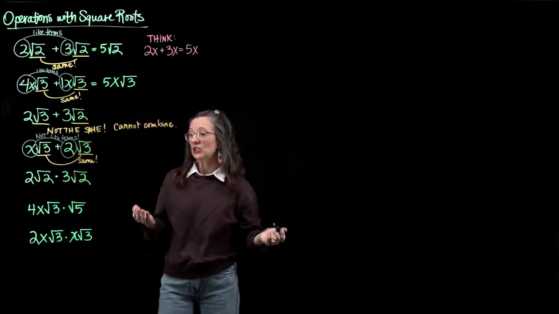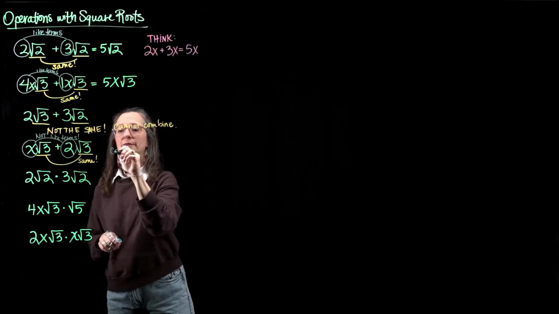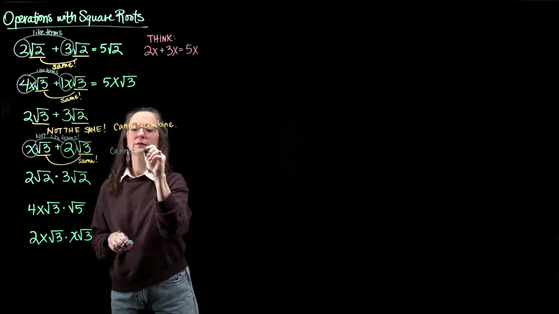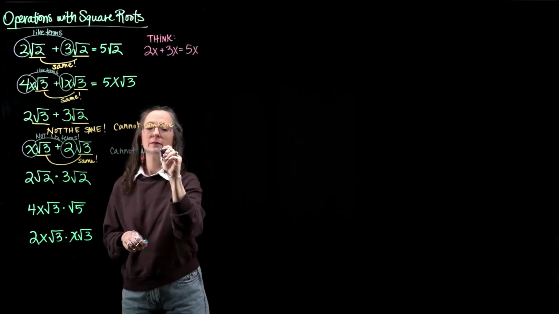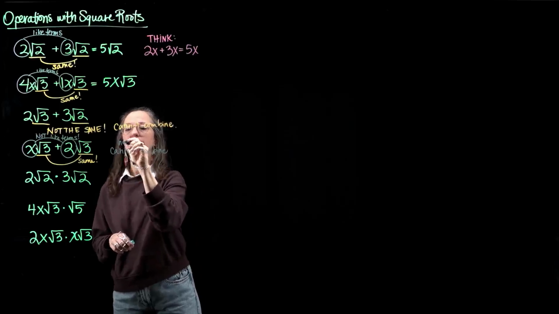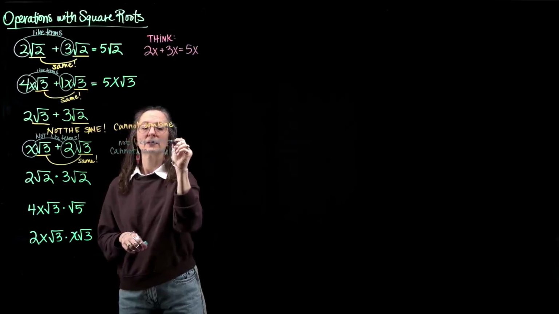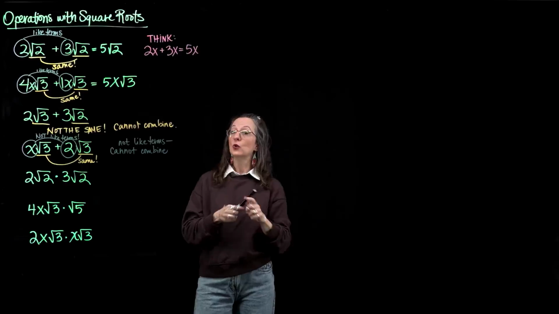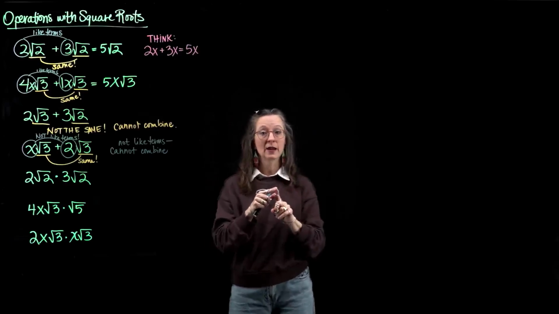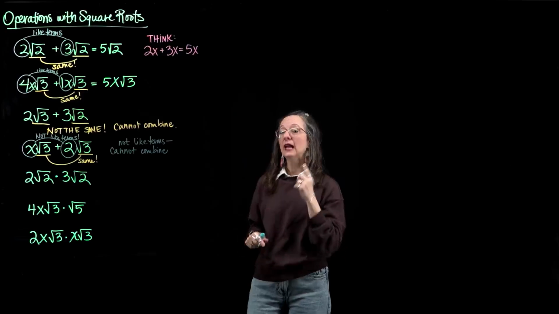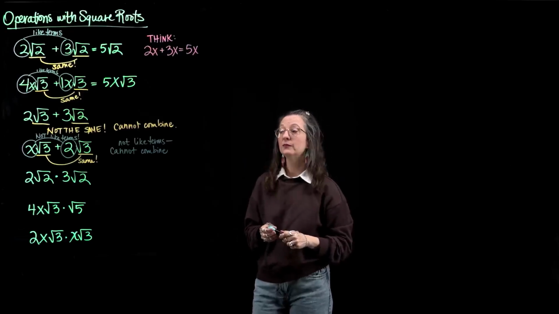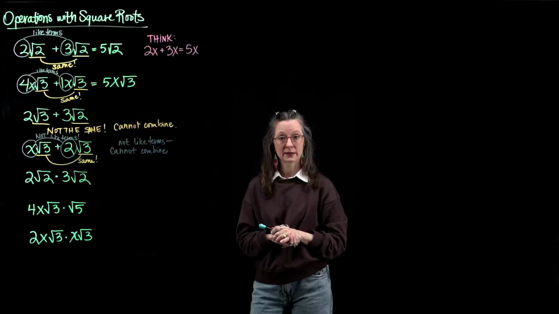Since they're not like terms, can't combine. So keep in mind, the square root part has to be exactly the same, and what's on the front of it has to be like terms for us to add and subtract.